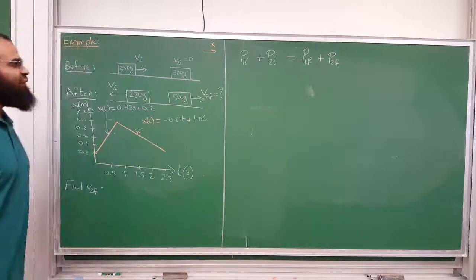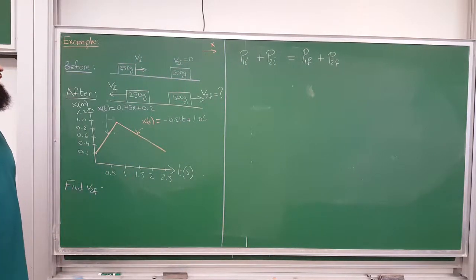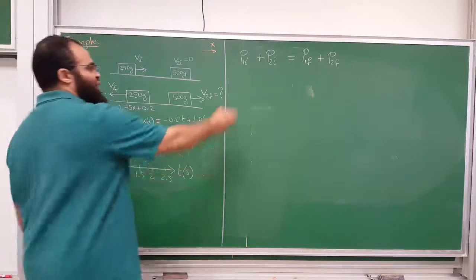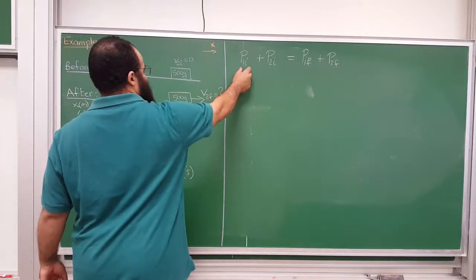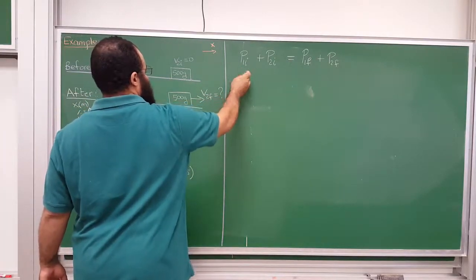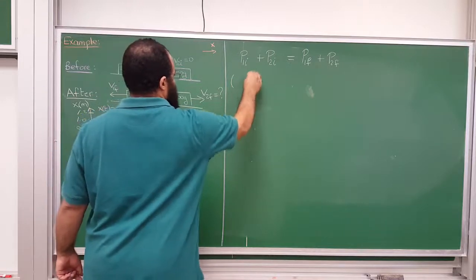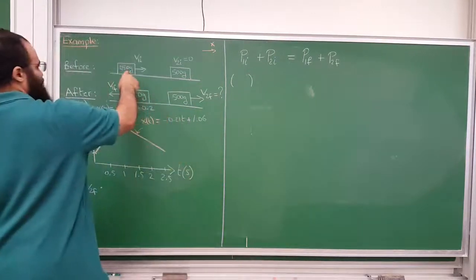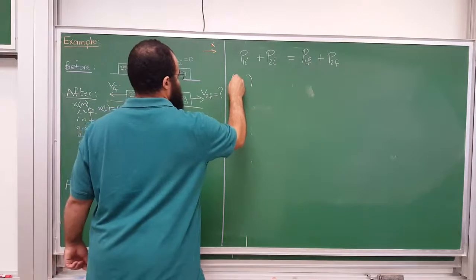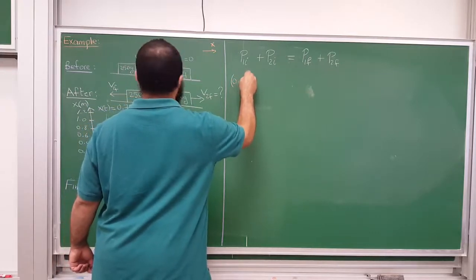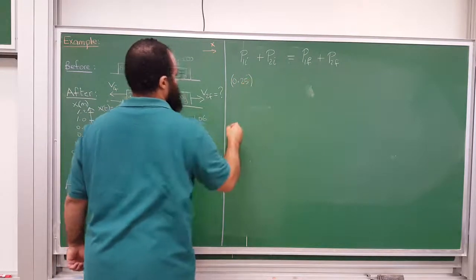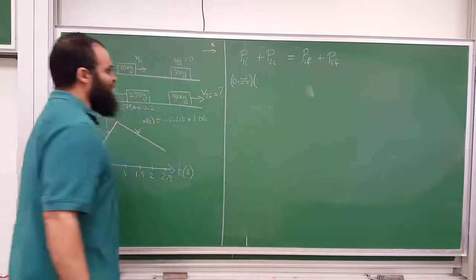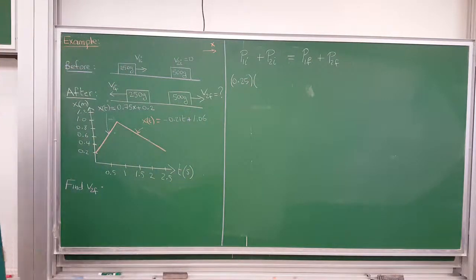And since it's in one dimension, I'm not going to write the vector signs. The momentum of object 1 will be the mass of object 1 times the speed of object 1 initially. The mass of object 1 is 250 grams, so that's 0.25 kilograms, times the velocity of object 1 initially.